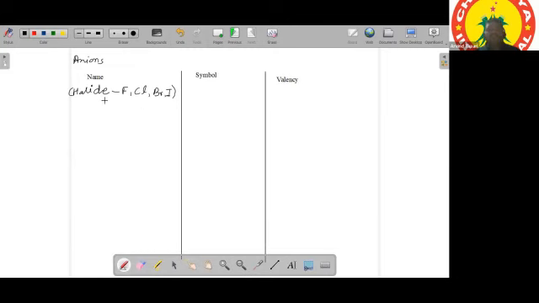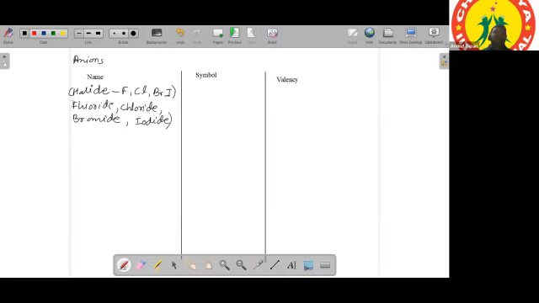Okay. So their symbols will also change accordingly. So this is your fluoride, chloride, bromide, and iodide. Remember these four names. Okay.